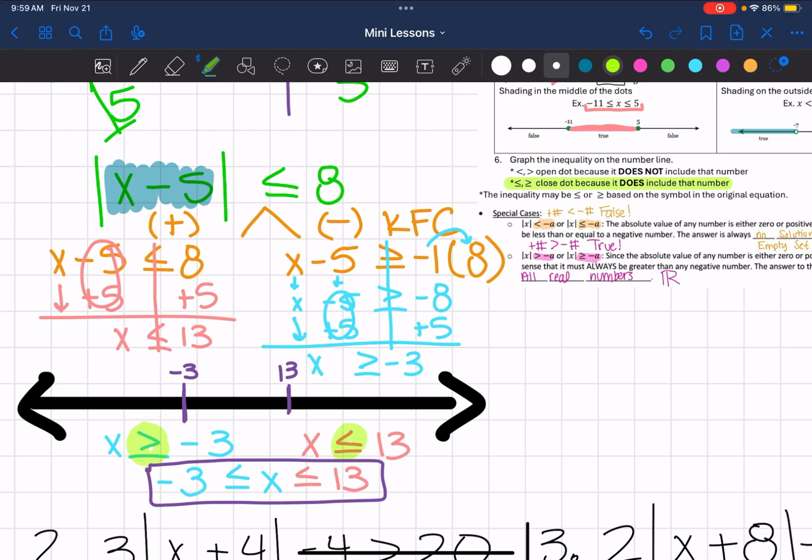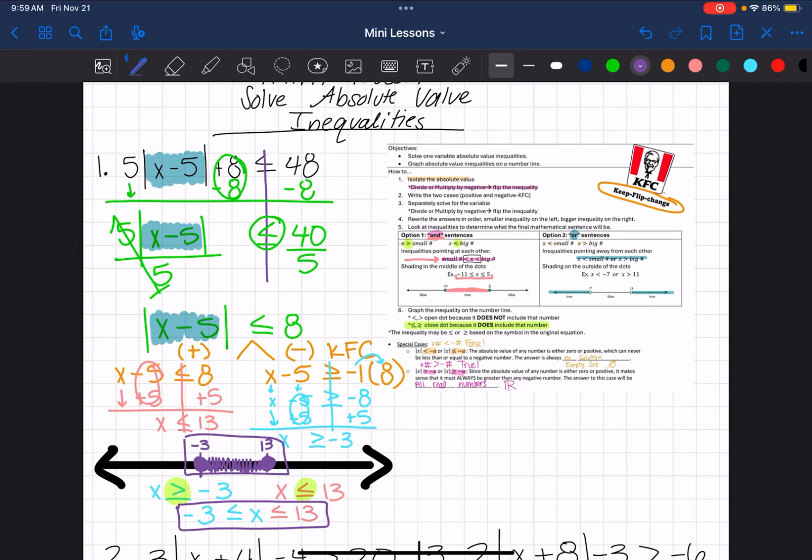So on my number line, I'm going to do nice big closed dots. And again, this means that we are including that number in the set. And then because it was an and sentence, that means the shading will be in the middle of those two dots. So then this will be our official graphed answer on a number line. Okay, I will zoom out on that one.